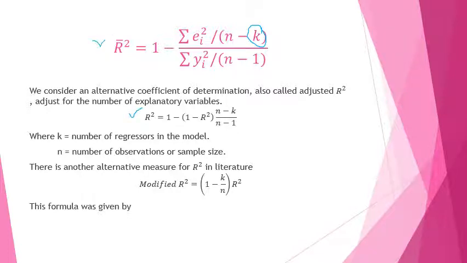Two formulas here. This formula is just a simplification of this one. Now there is another alternative measure called modified R square. You can use this formula or this formula. Two alternative formulas.